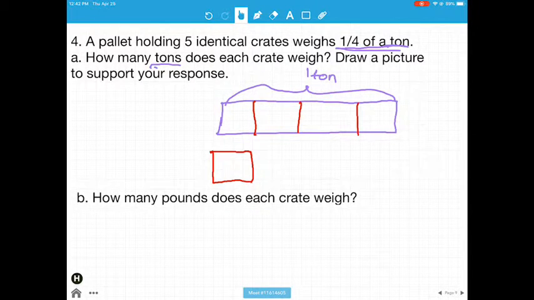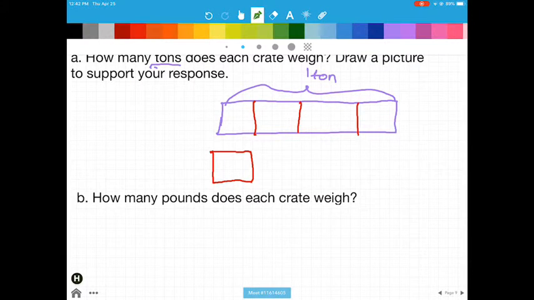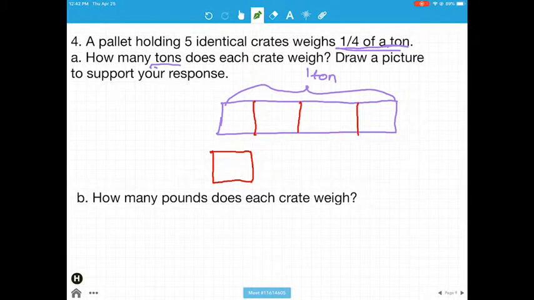Because they're 1/4 of a ton, and it's asking how many tons does each crate weigh, we did start off with 1 whole ton, represented by our tape diagram here, 1 whole ton, and we divided it into fourths. Now, our 5 crates weighed 1/4 of a ton, so just this part. So what we need to do with that is we need to divide this into fifths.